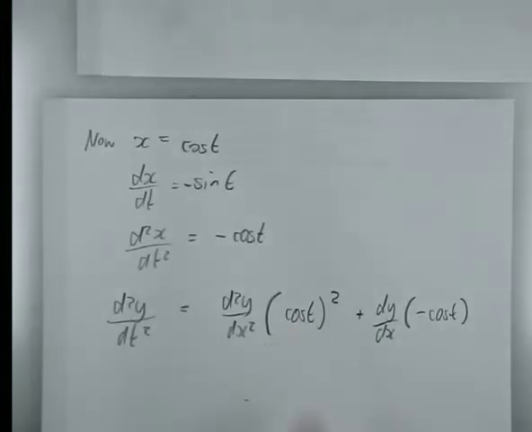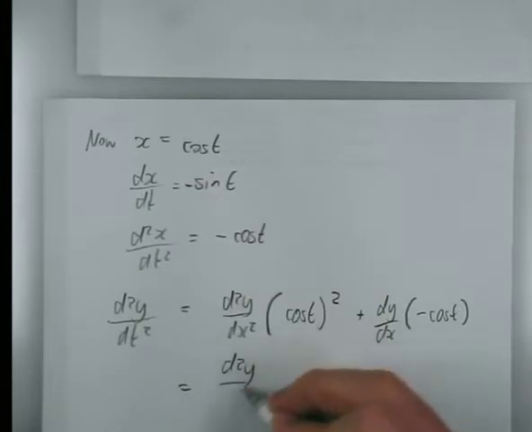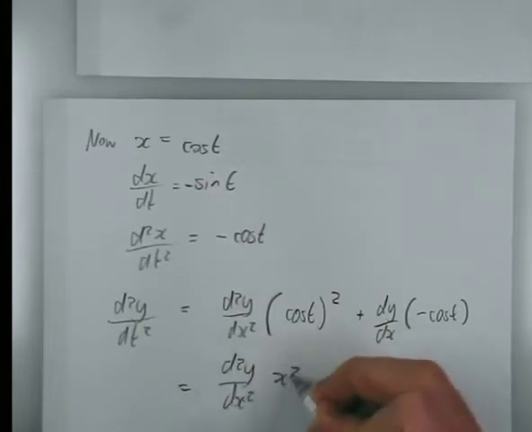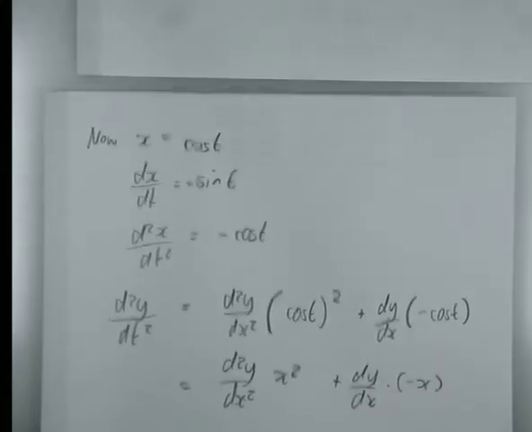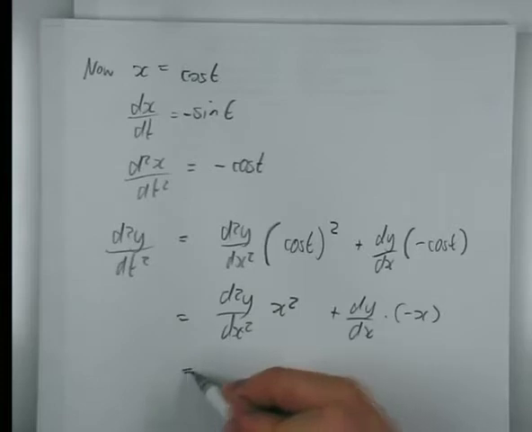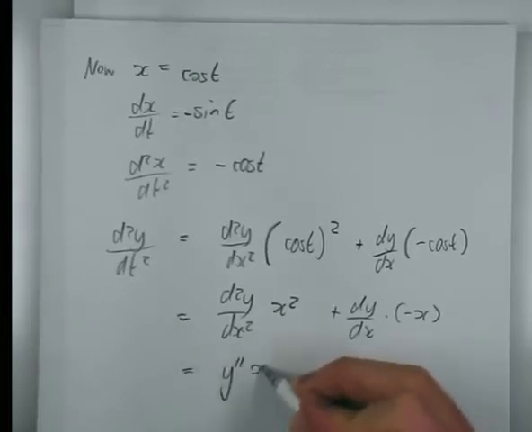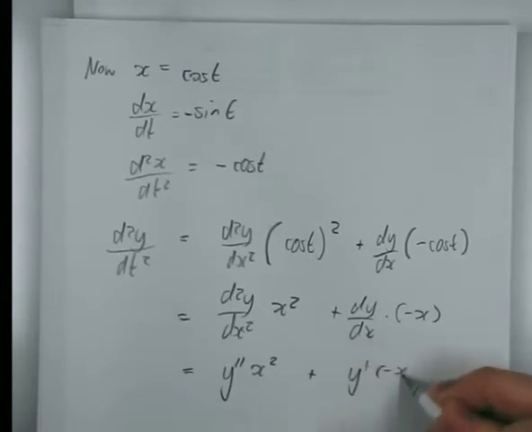That'd be totally better, because cos t is actually x, so this would be d²y/dx² x² plus dy/dx times minus x, because cos t is x. Okay? So just to make my life cleaner, this would be y double dash x squared, and this would be y dashed minus x. Yep?